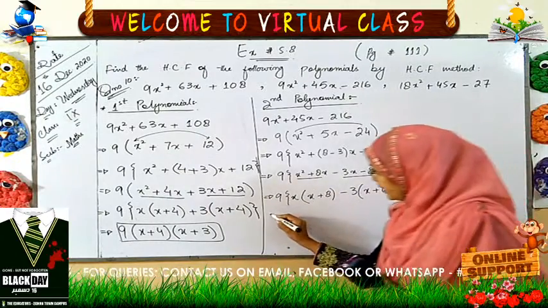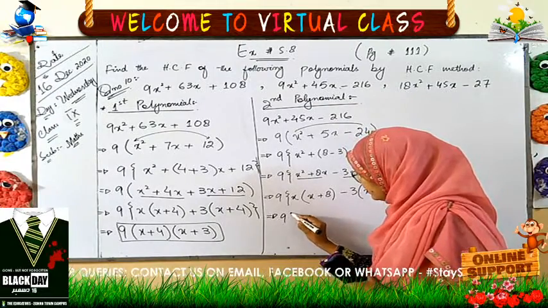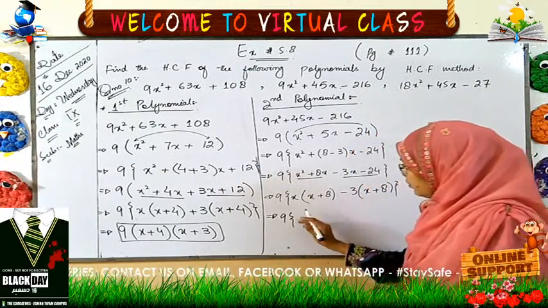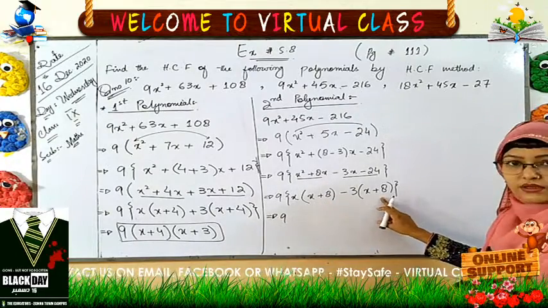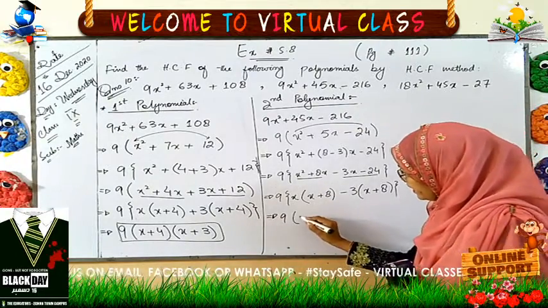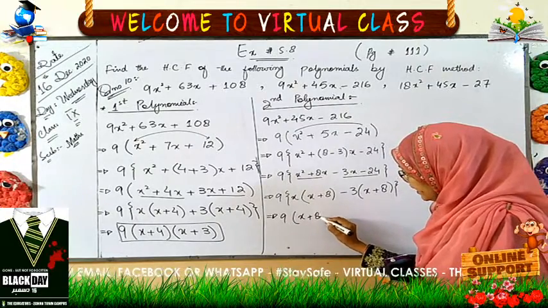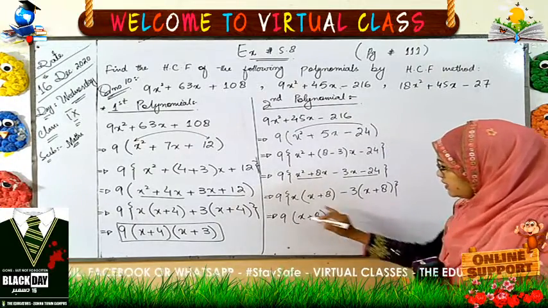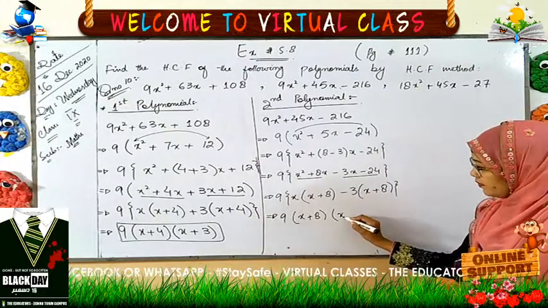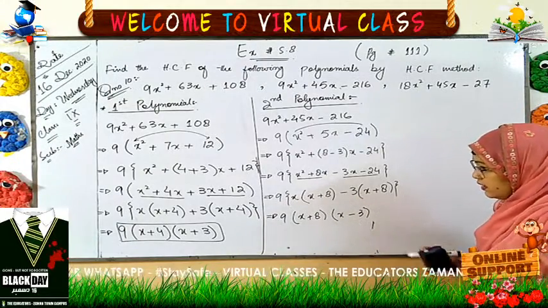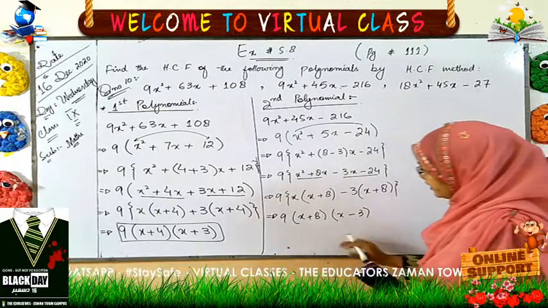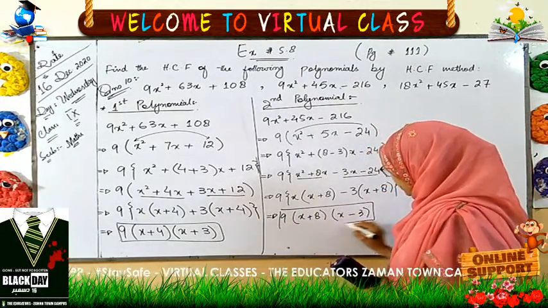Now the remaining is 9 into, what is the common bracket? We have x plus 8 and x plus 8. These are the common brackets, so we will write down x plus 8 as a common bracket, and the remainings are, what is left here? x minus 3. These are the factors of the second polynomial expression.